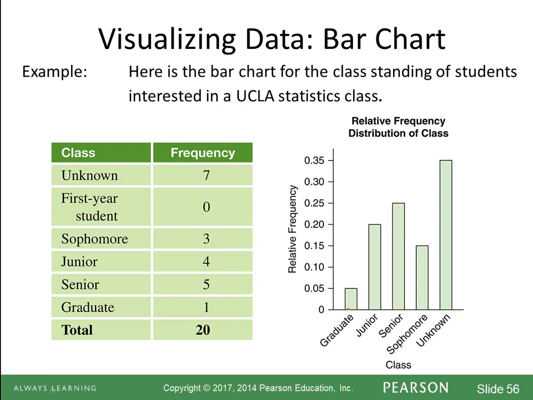So you can see, and relative frequency is the percent, that a small part of our introductory statistics class is graduate. We don't know about 35% of the class, but of those we know about, seniors are the biggest group.